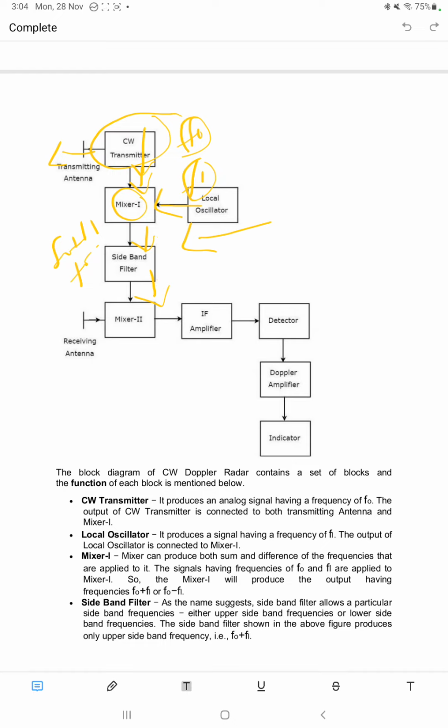After that, mixer 2 mixes in the Doppler frequency fd, and the IF amplifier amplifies to intermediate frequency. The detector detects whether a Doppler frequency is present or not. After detection, the Doppler amplifier amplifies the Doppler frequency signals, and then the indicator indicates whether our target is within our boundary or not. This is about the continuous wave Doppler radar.